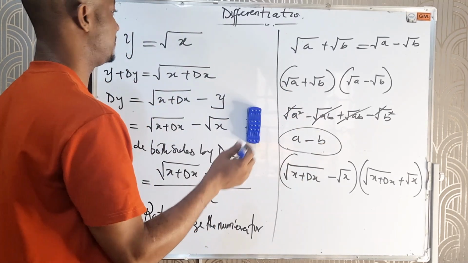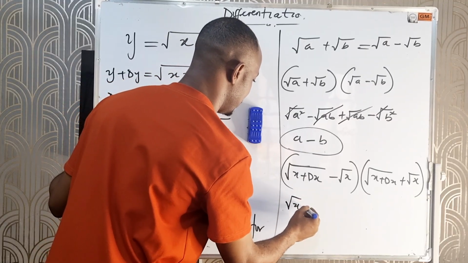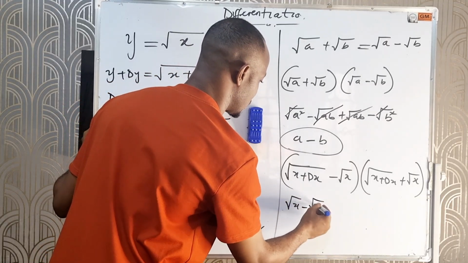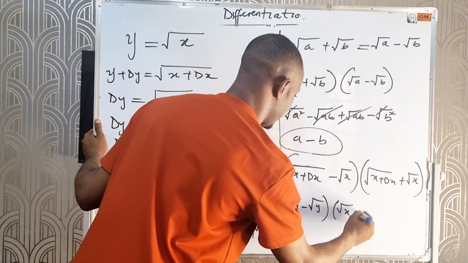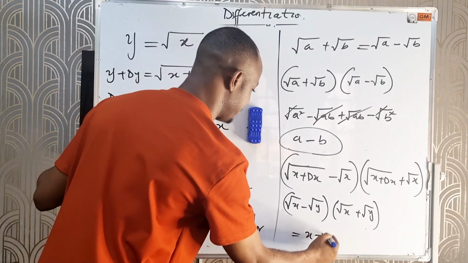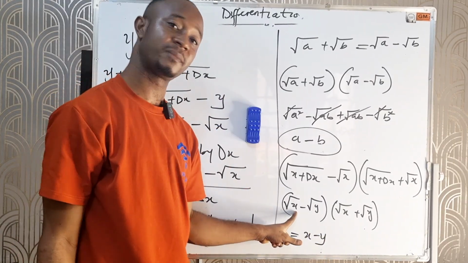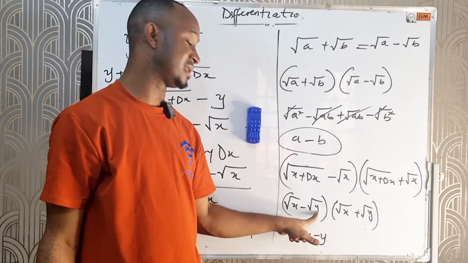Anytime I multiply, let's say, with x minus with y with x plus with y, these two are conjugates. The result must be x minus y. Meaning I'll just pick the first alphabet here, which is x, then subtract the second one.